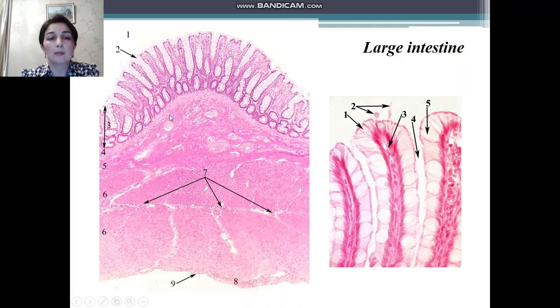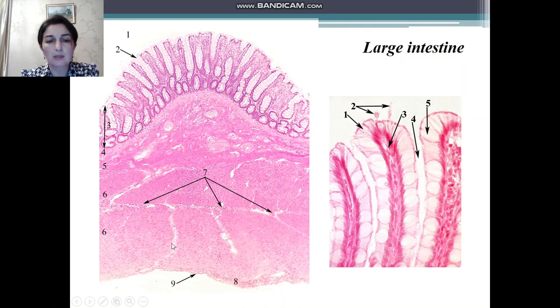Then there is the lamina propria of the mucosa, and it is seen here. Submucosa is dense irregular connective tissue with vascular plexus and nerve plexus. Then the muscularis externa, between the layers number 7 indicates the myenteric Auerbach's nerve plexus that is present also here.